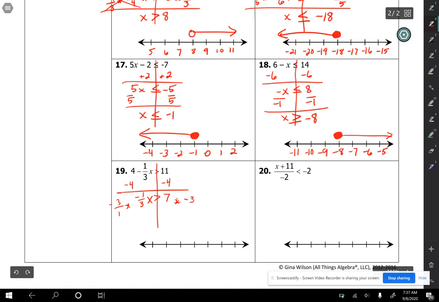Here I'm multiplying by a negative number, so I'm going to switch that sign to a less than.